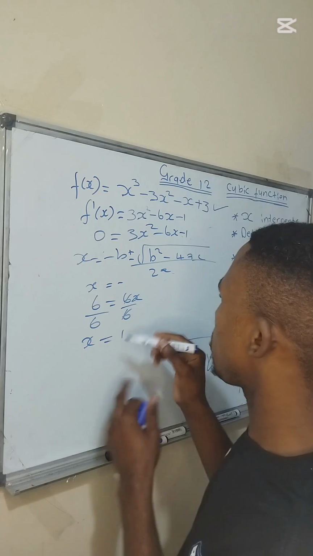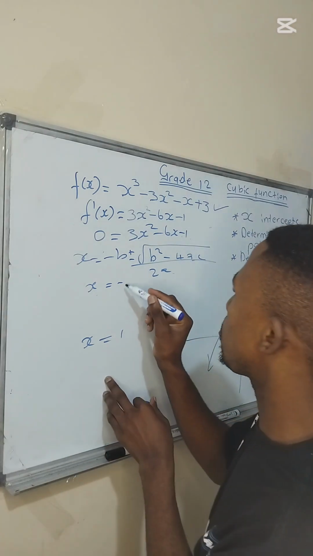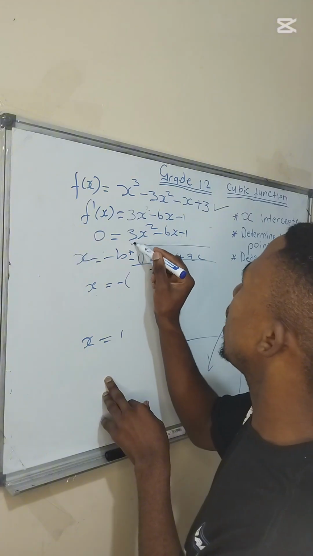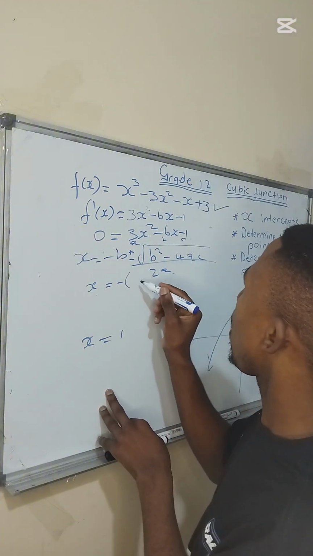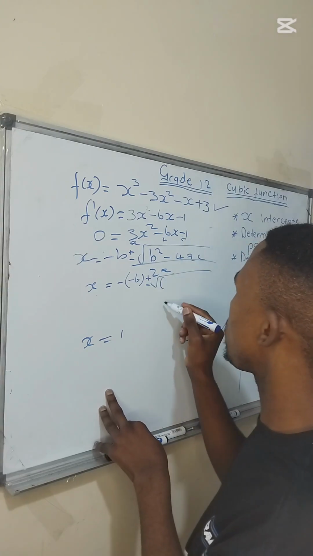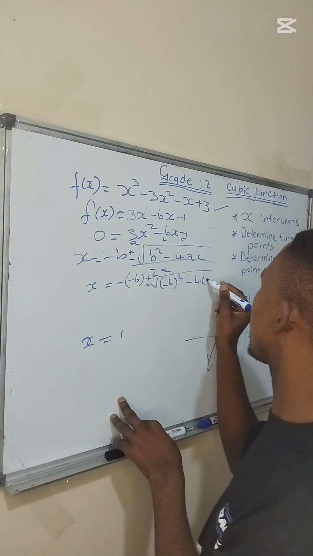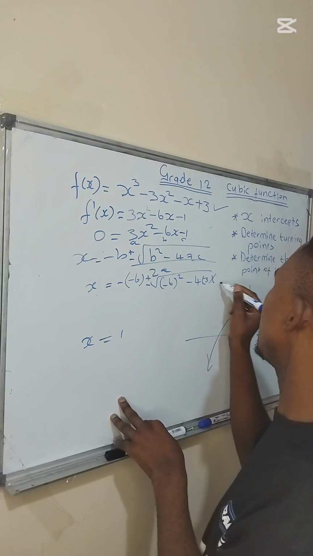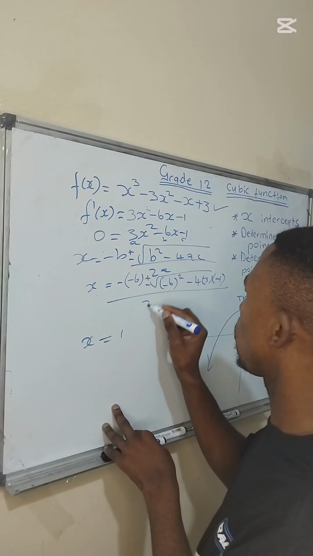We have a, b, and c, right? Our b is minus 6, plus or minus the square root of b, which is minus 6 squared, minus 4 times a, our a is 3. How about c? Our c is minus 1, all divided by 2 times a.